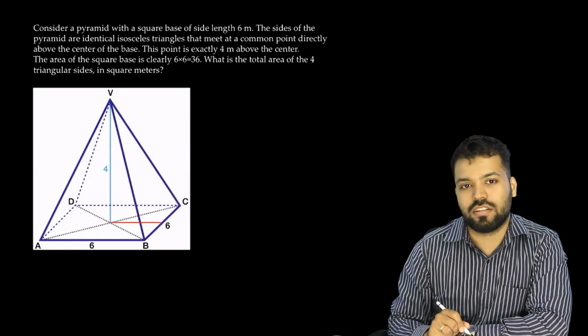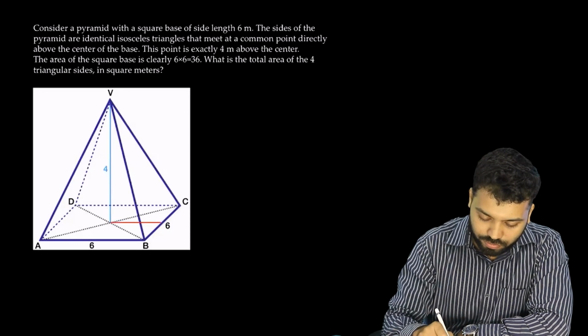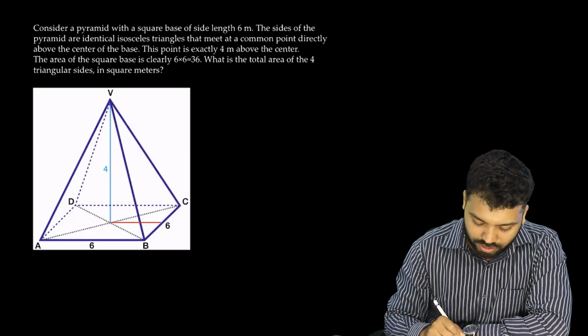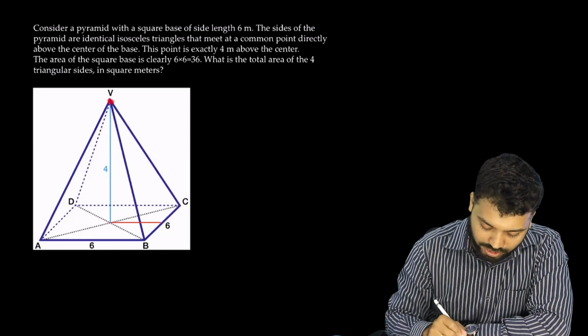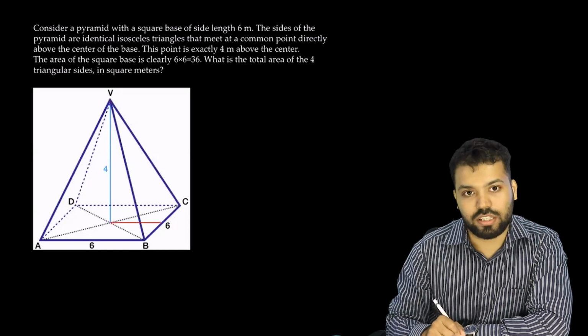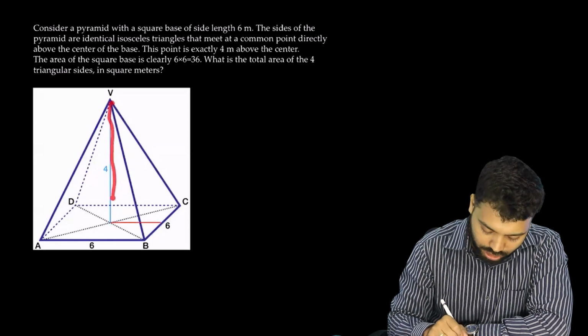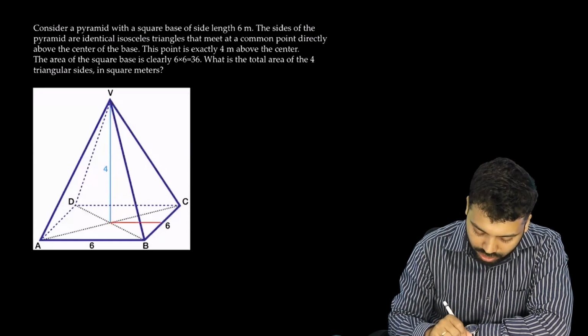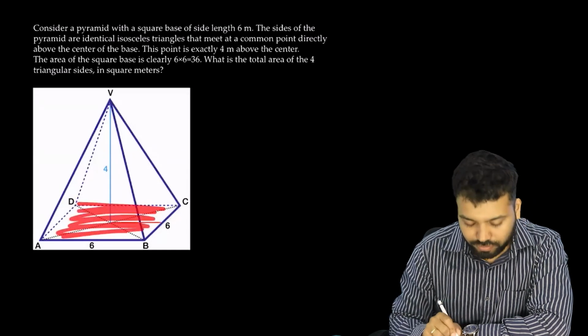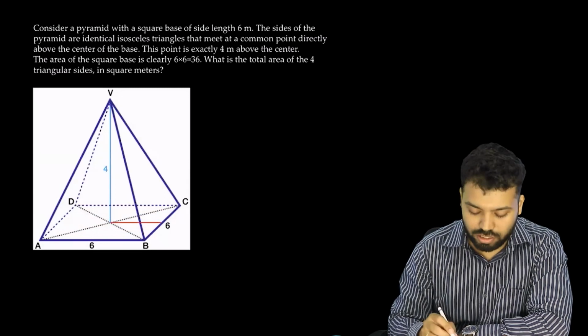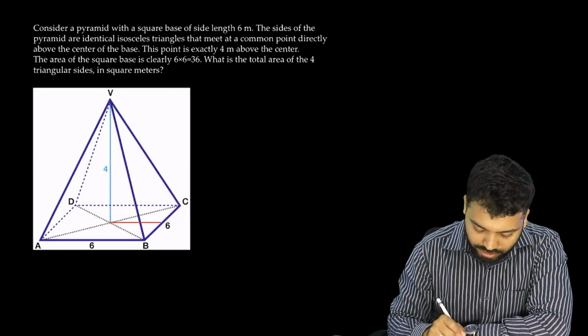6 by 2. Because the apex and the center of the base, that line is perpendicular to the surface of the square base, so it will be at exactly the center.